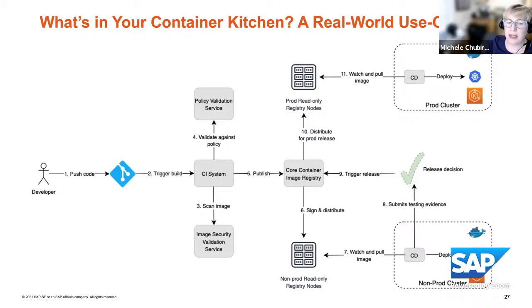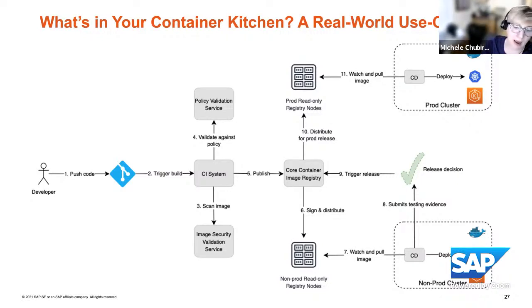And you'll see on the top, I have policy validation service, and at the bottom, I have image security validation service. A place where I worked, where we did this, we had policies beyond just security policies.